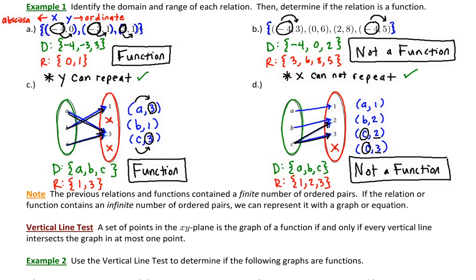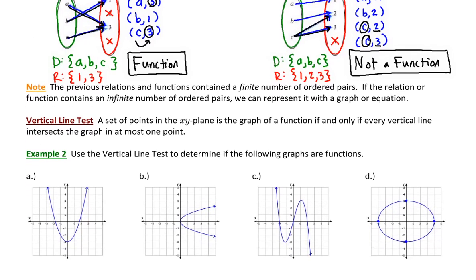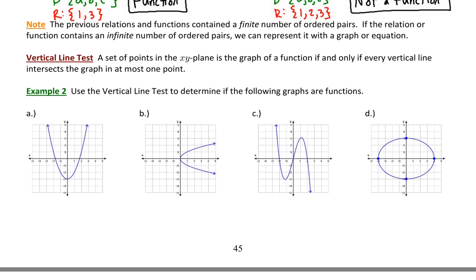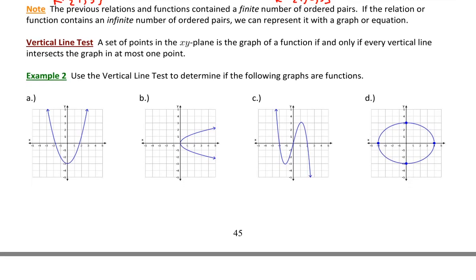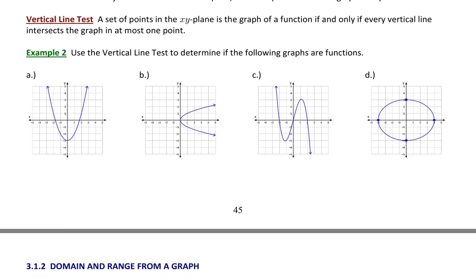The previous relations and functions contained a finite number of ordered pairs, but if the relation or function contains an infinite number of ordered pairs, we can represent it with a graph or equation. And so in most cases, we'll be dealing with graphs or equations. We'll begin by examining graphs.